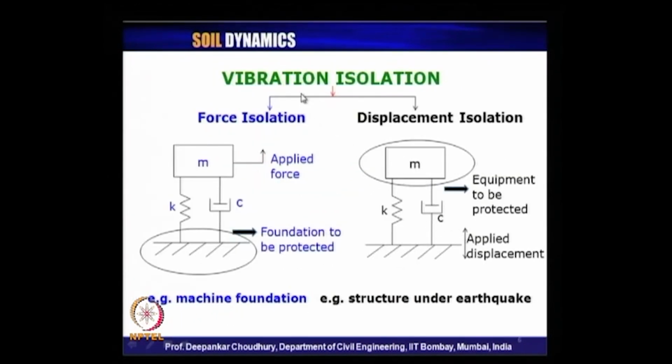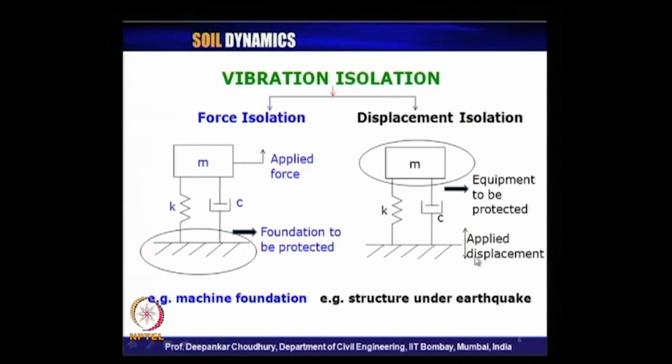Then we have seen vibration isolation. There are two types of vibration isolation, force isolation and displacement isolation, and where are their applications? A practical application of force isolation is in machine foundations. We want to make our foundation safe with respect to the load applied to the machine.